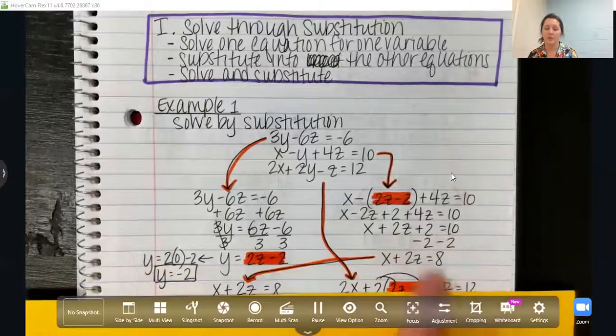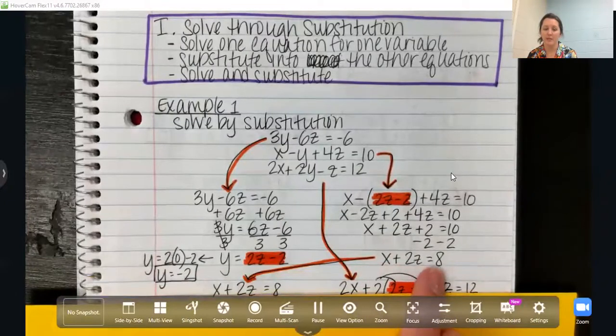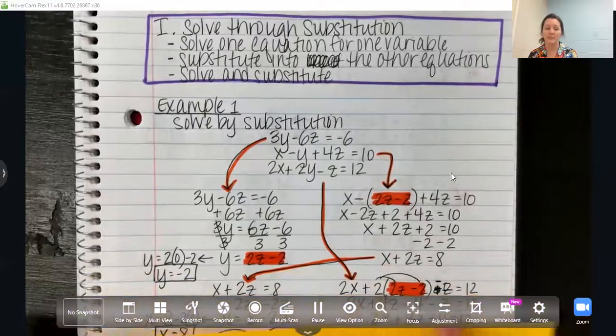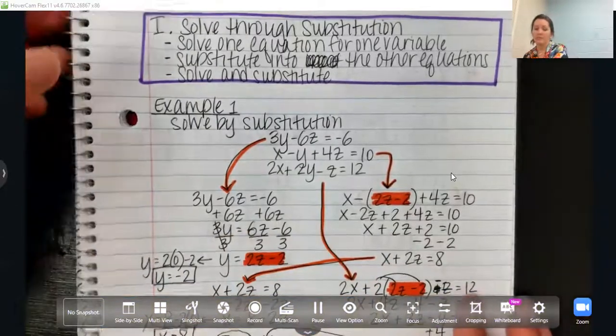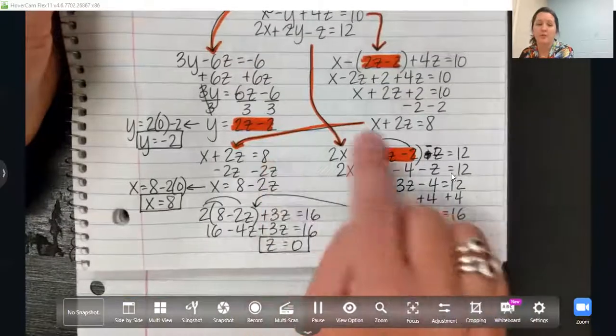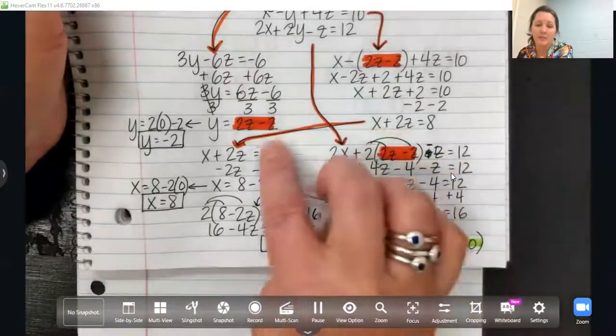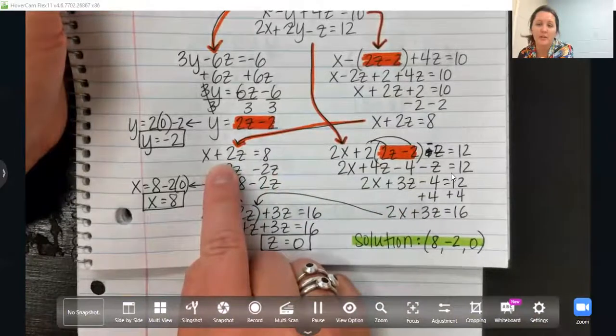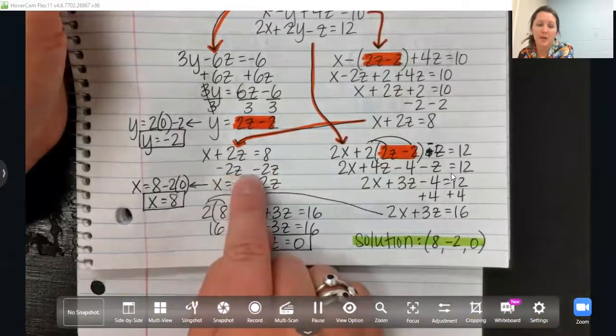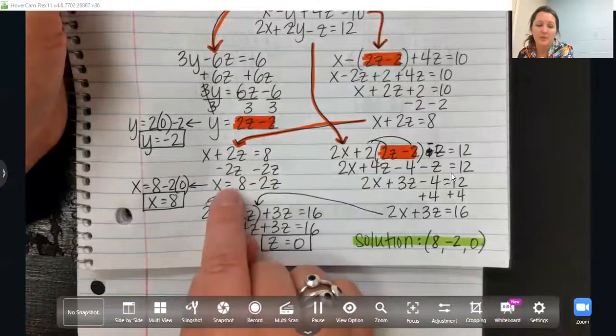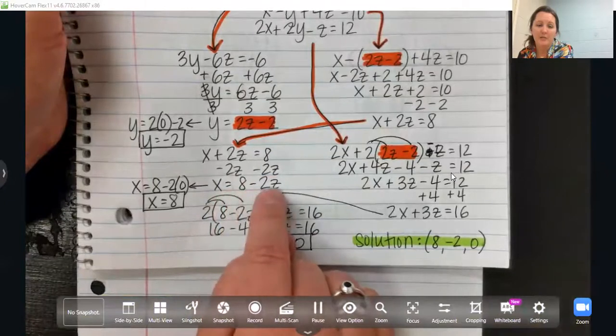Subtract the 2 over, and I'm left with x plus 2z equals 8. Okay, which is okay. We don't have another variable solved yet. So what I'm going to do is solve for x here because x has a coefficient of 1. So I'm going to solve for x by subtracting 2z. And so I have x equals 8 minus 2z.